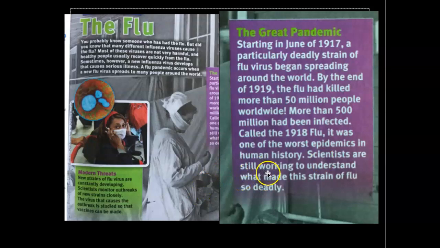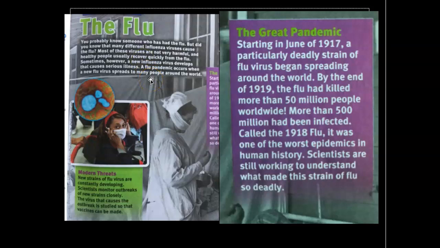Scientists are still working to understand what made this strain of flu so deadly. If you look, they had masks over their faces then. This is in the textbook that you would have had if we were still in school. It says, you probably know someone who has had the flu. But did you know that many different influenza viruses cause the flu?